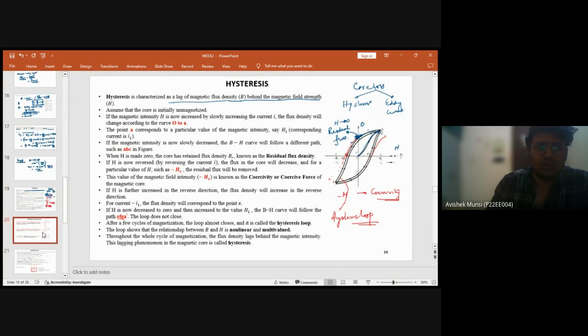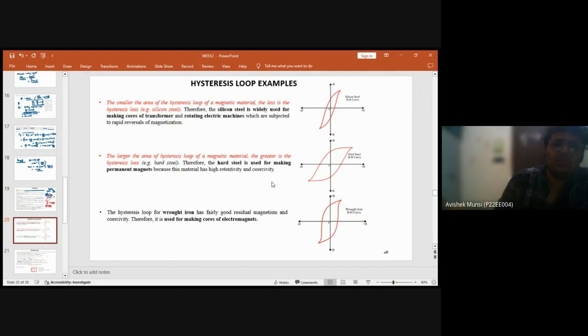Okay. See here, in case of some metals, this is silicon steel, this is hard steel, and this is wrought iron. These are three examples where you can see the hysteresis curves are different, and the hysteresis loss will be the loss within this curve.